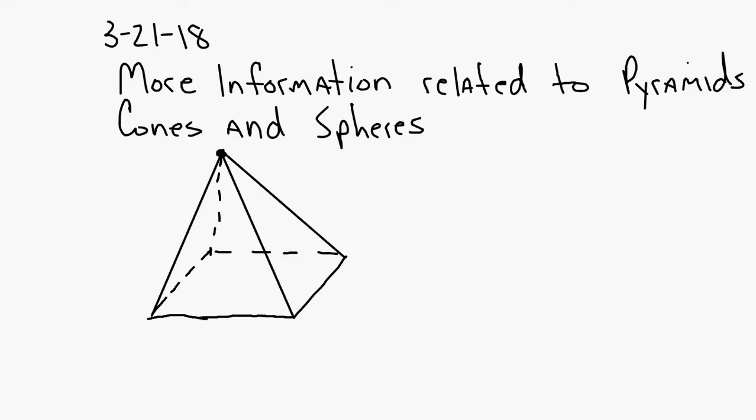Agreed. Now, these points, these are all vertices, right, of the base. The solid lines going up to this vertex at the top, those are called edges. Those are where the faces meet each other. Okay? These sides of this pyramid are called faces.